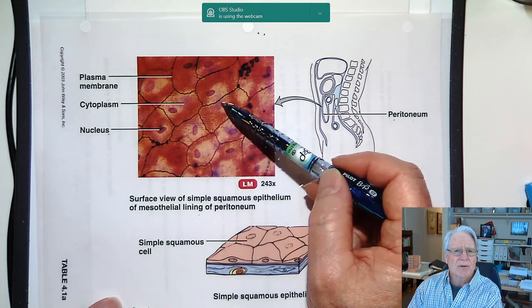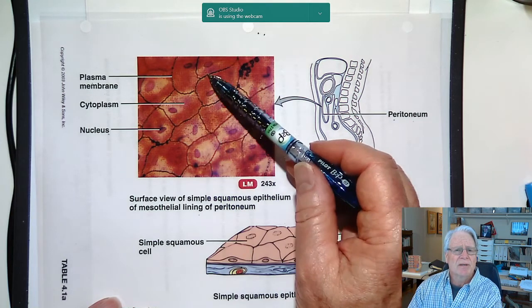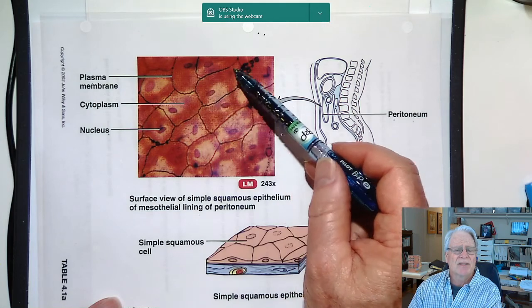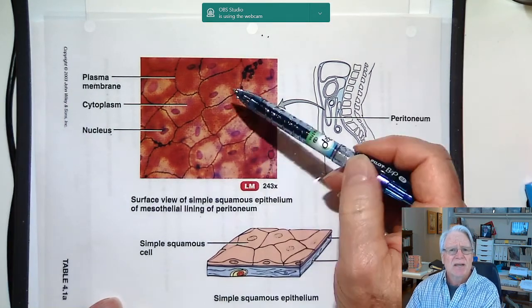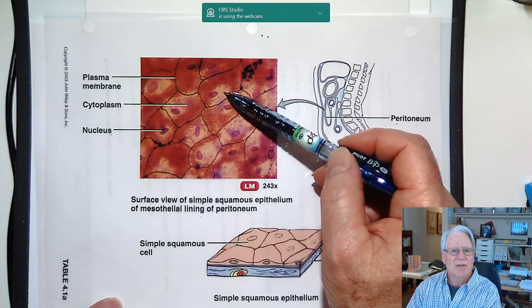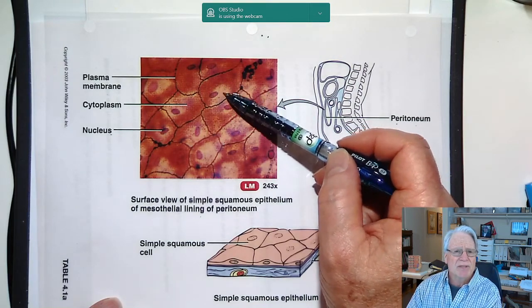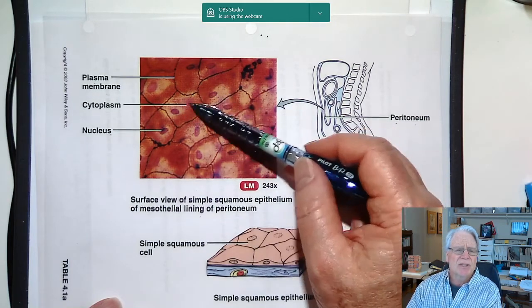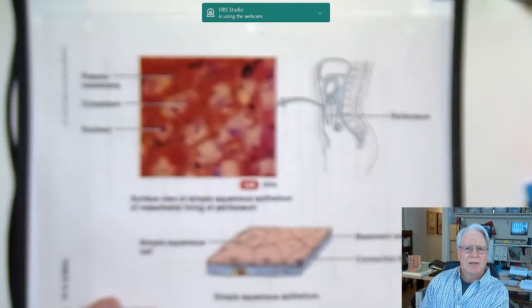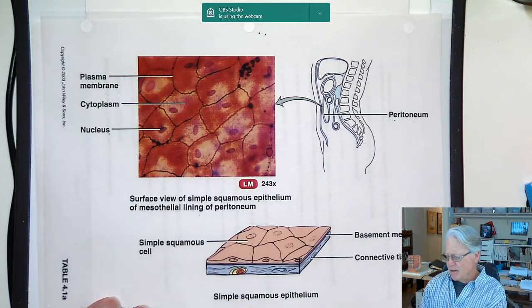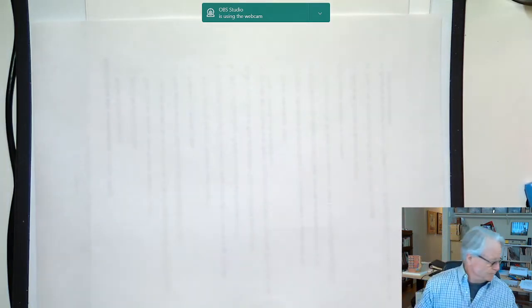No, that's not what you're seeing. You're only seeing that nucleus associated with that cell. If there were another flat cell underneath it, you would see the shadow or the ghost of the nuclei of that one and probably several layers as well. So you're only seeing a single layer here. And that's the best I can tell you as far as simple squamous epithelium. Okay?